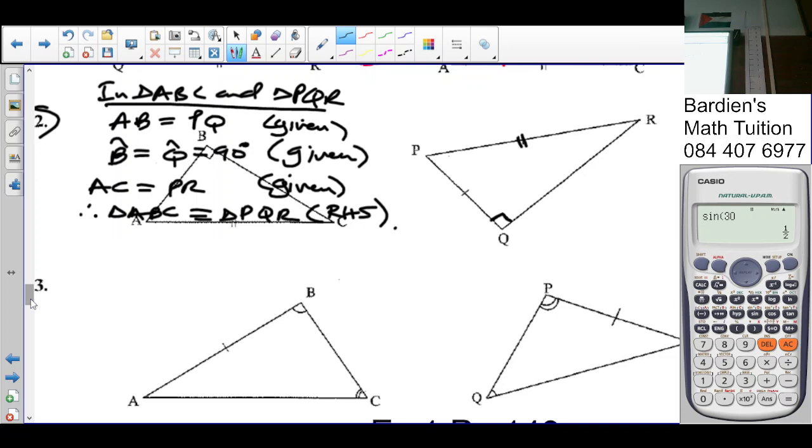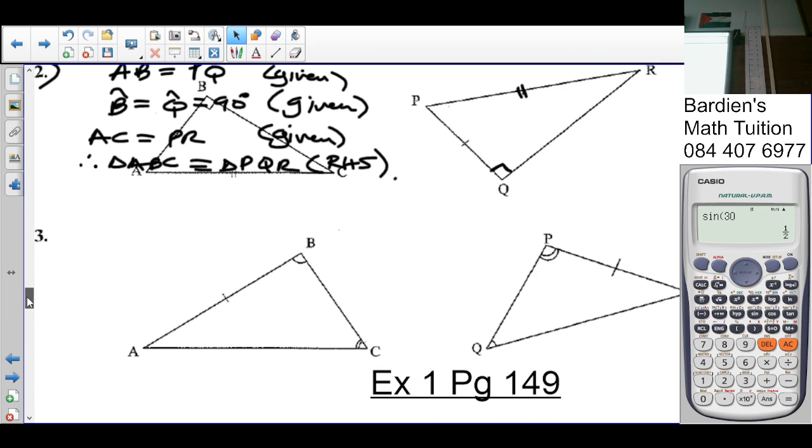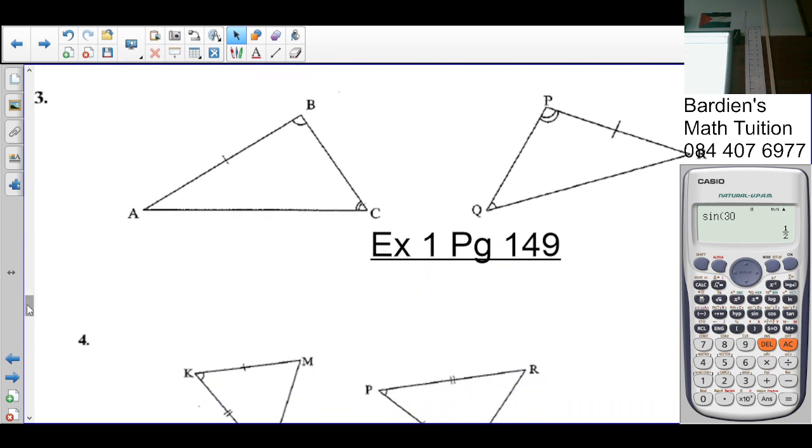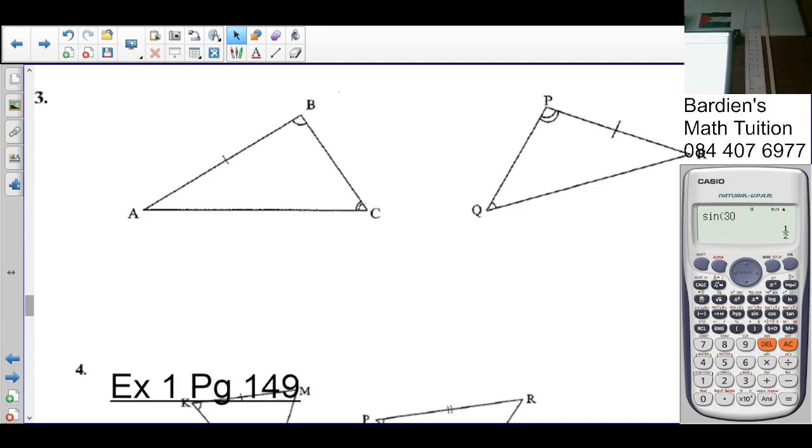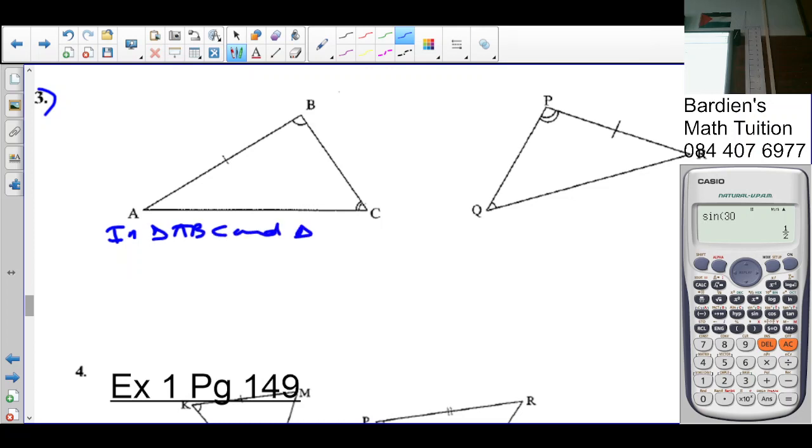Alright, you guys got it? Yes. Let's look at number 3. Number 3, okay, at least now I can write below. Number 3, we're going to say in triangle ABC and triangle PQR, what can I say here?